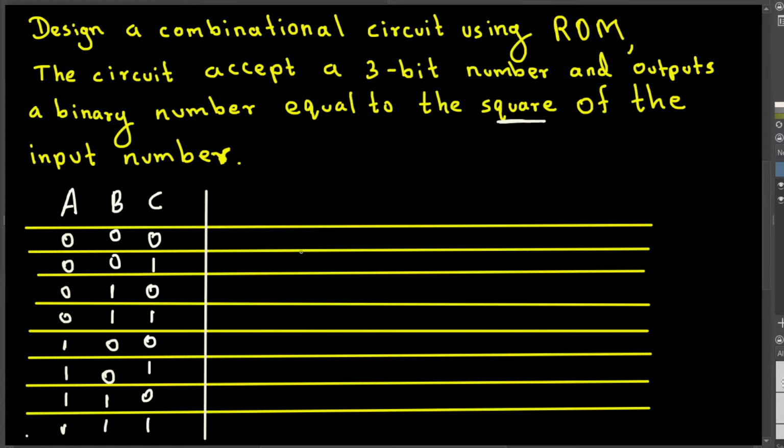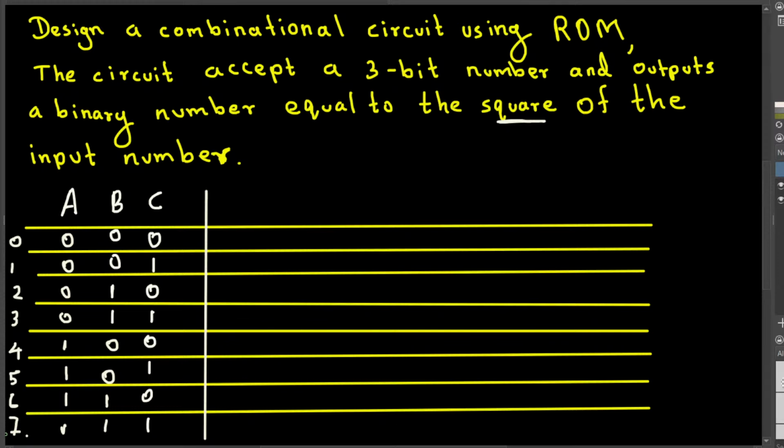1 squared is 1, that's why 1 output. And then 2 squared is 4. So if I write in numbers, this is 0, 1, 2, 3, 4, 5, 6, 7. I just wrote these in decimal, so these are the decimal equivalents.